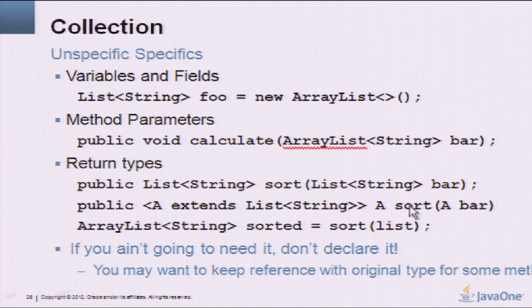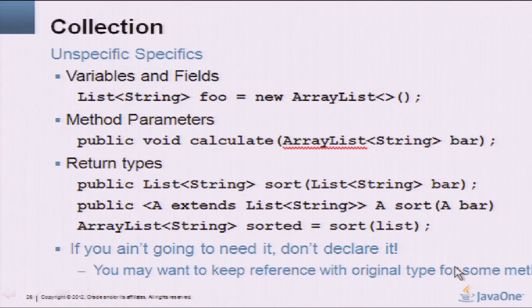So that allows me to pass in an array list and assign the result to another array list. That can be pretty useful to not lose the type information that you had by passing it through a method. And you'll see that the JDK collection classes for things like sort in fact use this exact declaration for the return types.